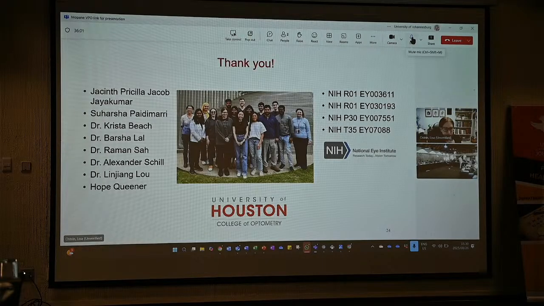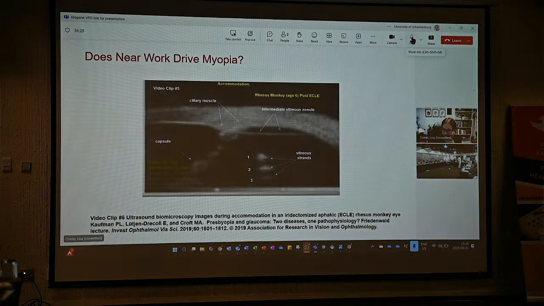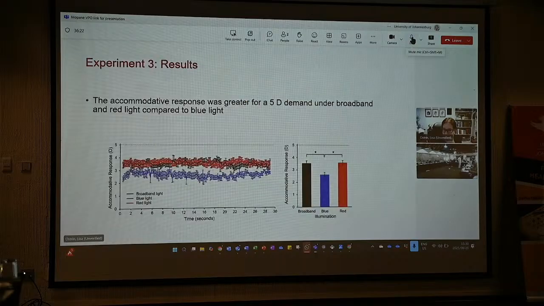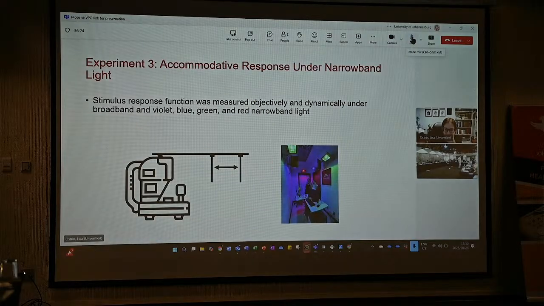Very interesting talk. In one of your experiments, you were trying to investigate the influence of different wavelength on choroidal thickness, where you test the blue, red, and white light. My question is, have you already adjusted the retinal illuminance for these different colors?